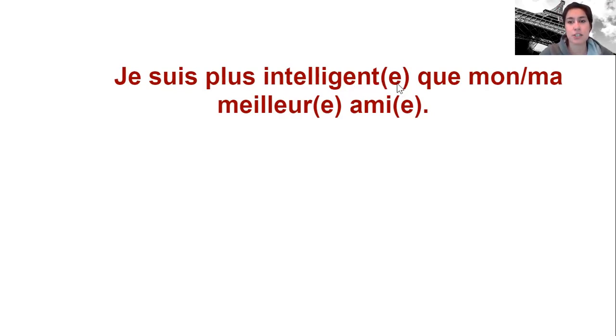Je suis plus intelligente que mon meilleur ami. Now, if your best friend is a girl, it would be ma meilleure amie with the E's on the end. If your best friend is a boy, you wouldn't have any of those E's and you stick with them. So any of those variations that works for you and your context. Sounds similar though. Je suis plus intelligente que mon meilleur ami. Okay, that wasn't too difficult.